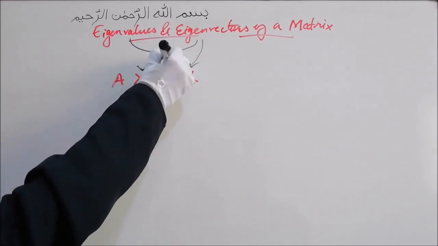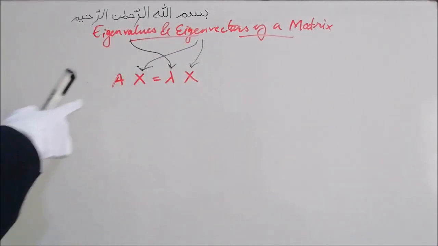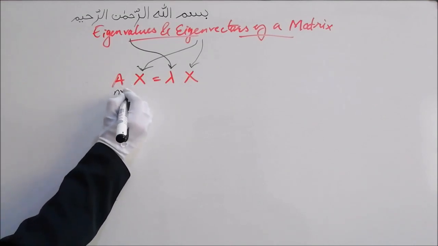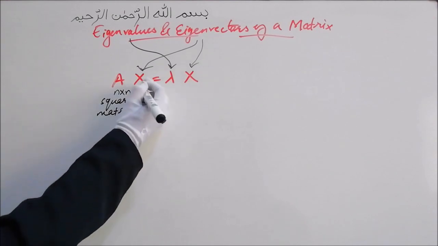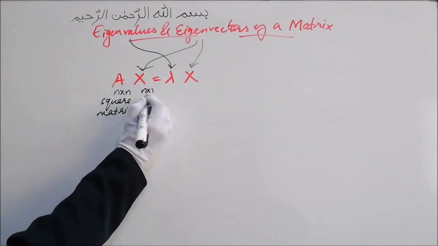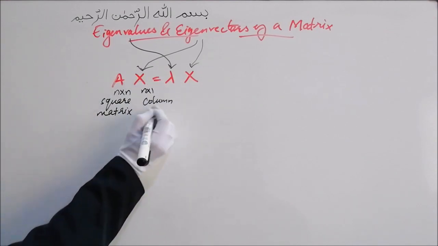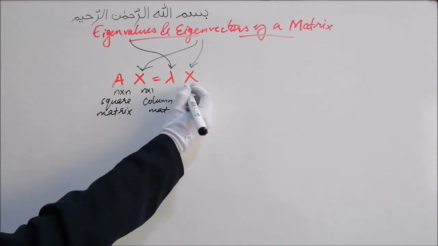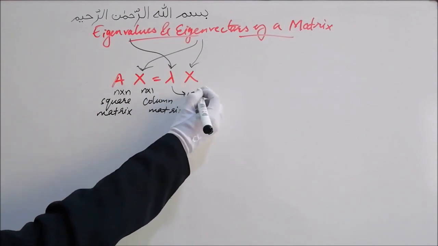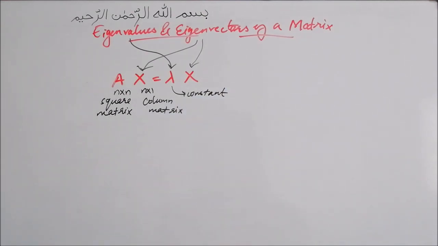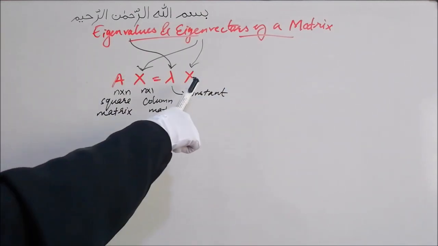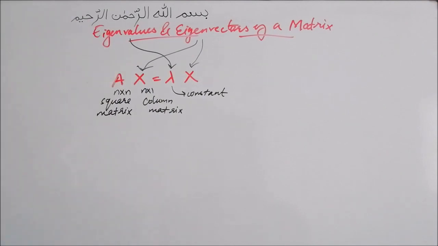This lambda is the eigenvalue. A is an n by n square matrix. This x is an n by 1 column matrix. This lambda is a constant which can be either real or purely imaginary or a complex number. This x is again an n by 1 column matrix.